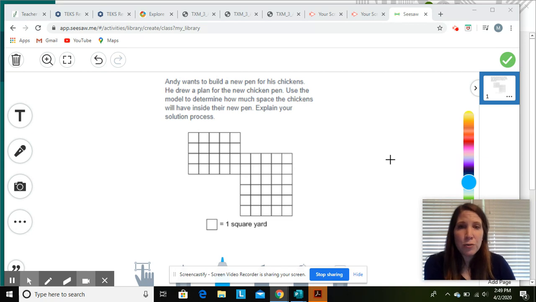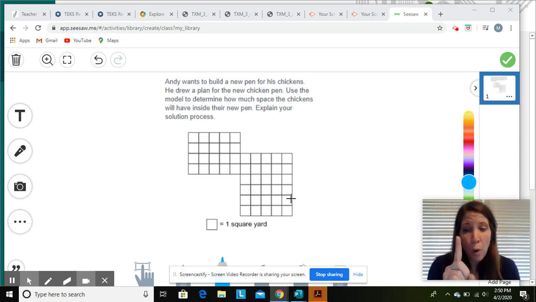I am going to talk to you just a few minutes about area. We're going to take a look at a scenario here that's on my screen, and we're going to work through this together. I want you to hear how I solve this problem that has to do with area, and then you are going to try one area problem as well here in Seesaw.